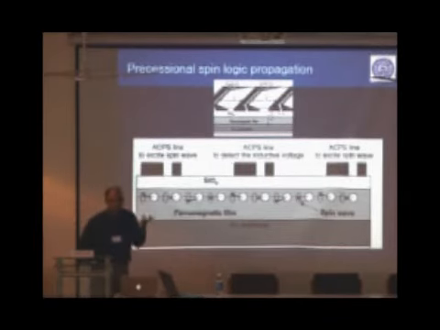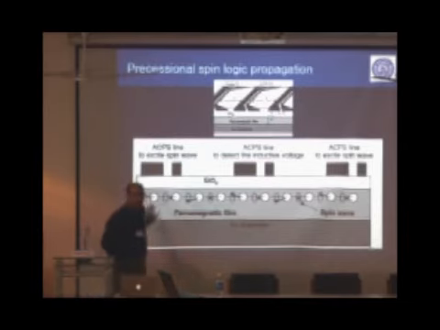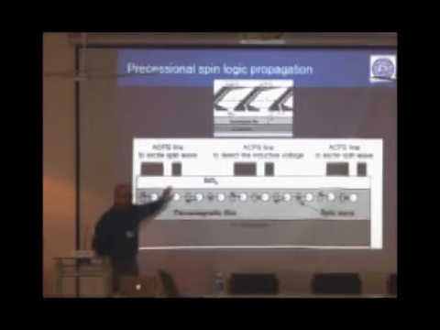So today I'll discuss some of the work that we are trying to do using precessional transport of signal through transmission lines. We try to launch the spin wave in a ferromagnetic film. So you actually have a very thin ferromagnetic film, and it is separated from a transmission line structure atop by an insulating layer.